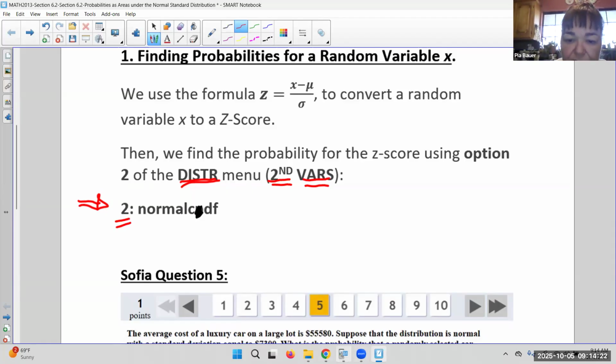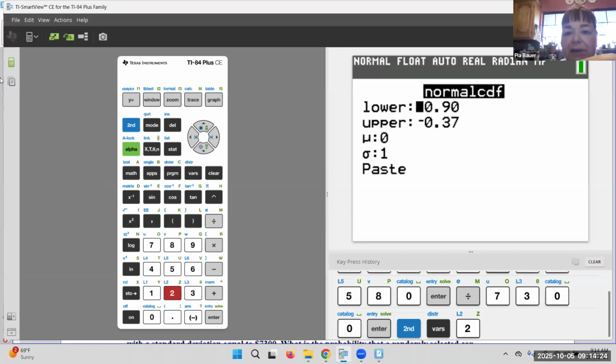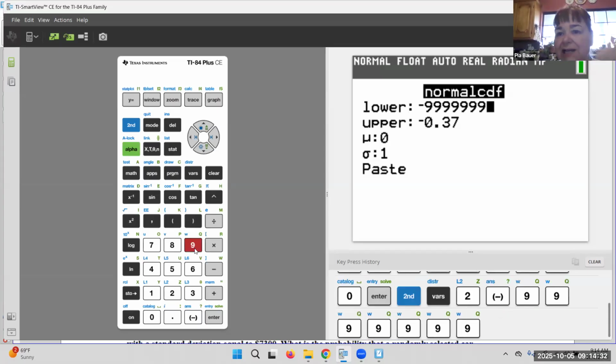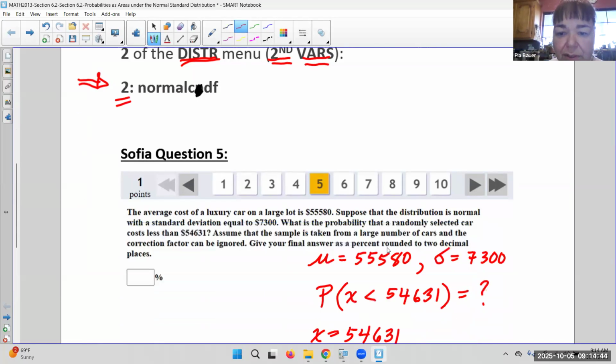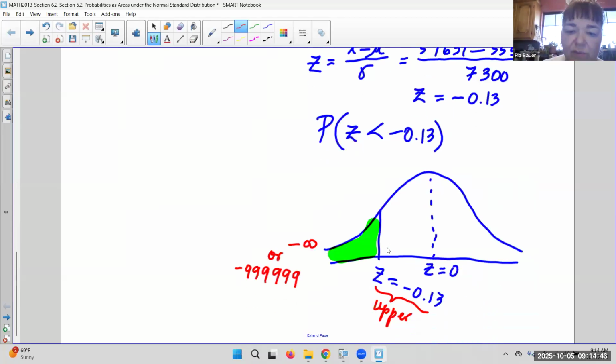This option 2 is always asking you for a lower limit and an upper limit. So remember, our lower limit is a negative infinity, so I put a negative and 6 nines. I put an extra 9, it doesn't matter. You just want a very small number. Now for my upper limit, I put the z-score that I found, which is the negative 0.13.